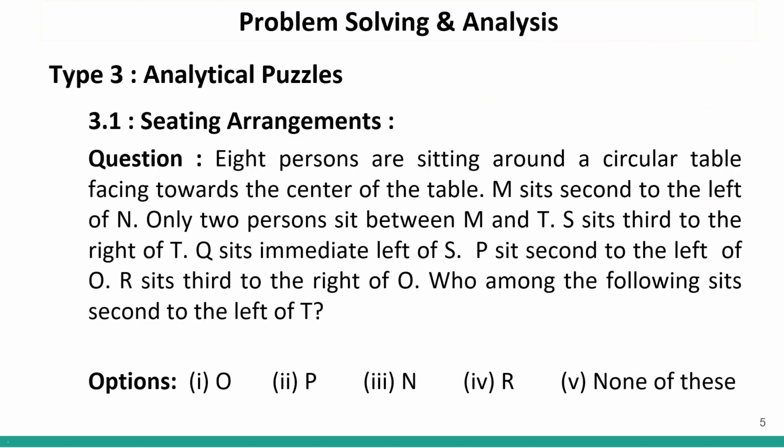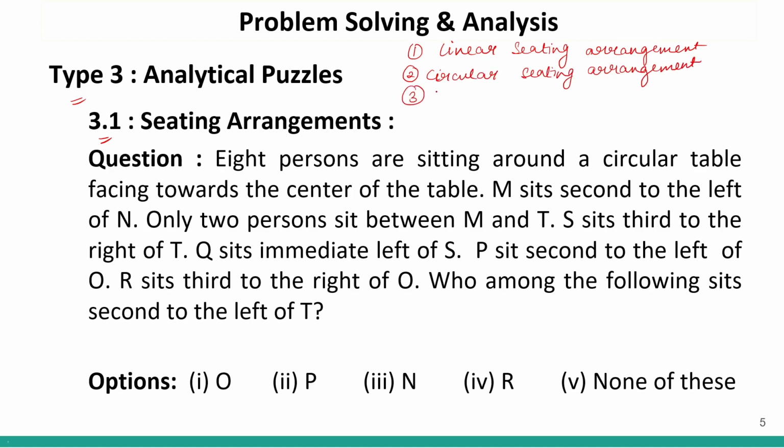Now let us look at type 3 analytical puzzles, 3.1 seating arrangements. So in seating arrangements, you basically get 4 types of questions. That is linear seating arrangement. Second is your circular seating arrangement.